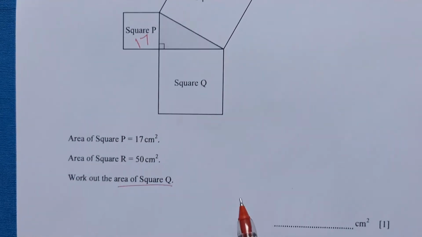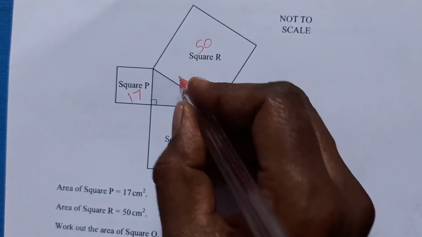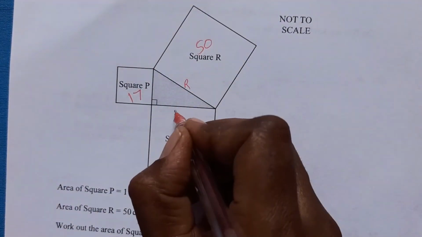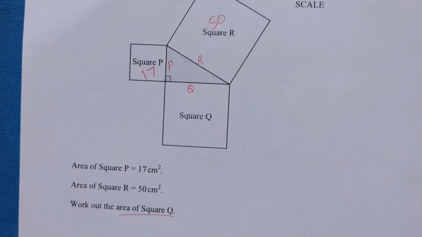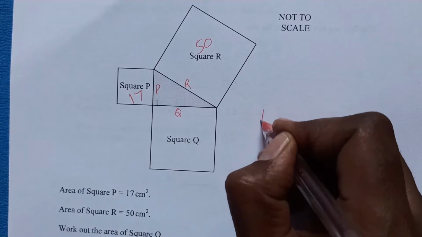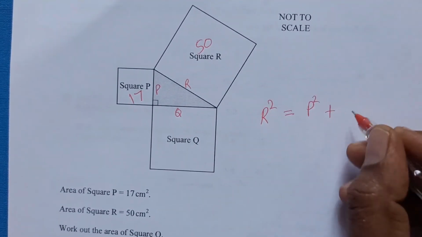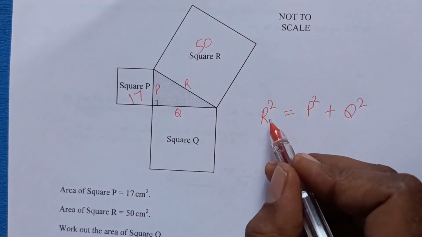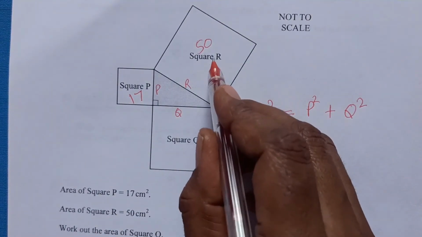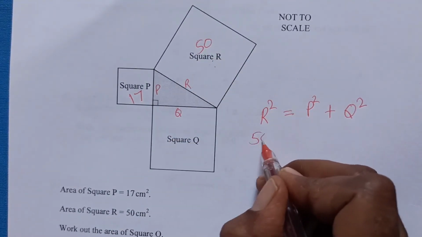By the Pythagoras theorem, let's say this represents R, this represents Q, and this represents P. So we have R squared equals P squared plus Q squared, right? Now we are given R squared, which is 50.